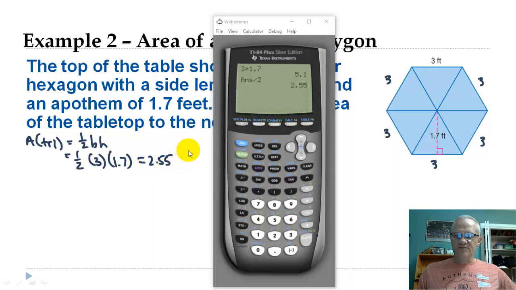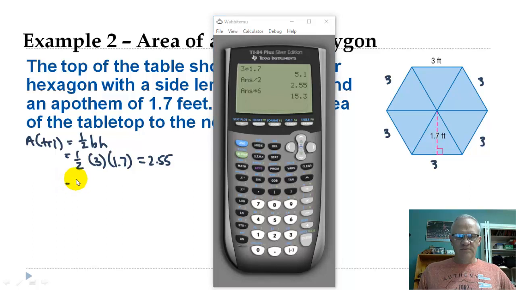Now remember, that's just one triangle. So how many triangles do I have total? 1, 2, 3, 4, 5, 6. It's a hexagon, so 6. So what I want to do to find the area of the whole entire hexagon, I just take 2.55 times 6. And that will tell me 15.3.